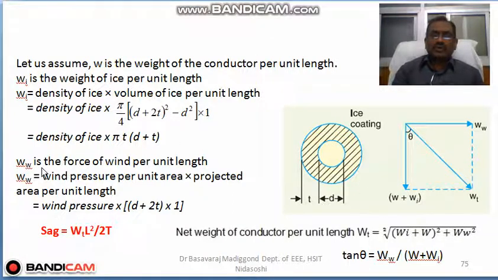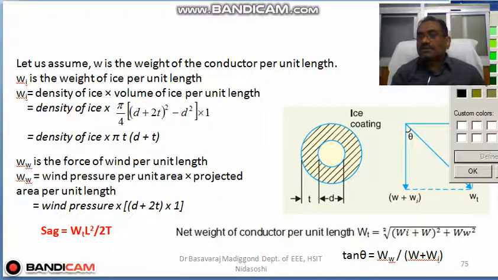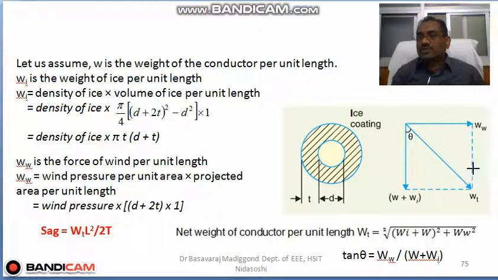Let Ww be the force of the wind per unit length, and Ww is equal to wind pressure per unit area into projected area per unit length. The wind always blows in this direction, and this is the wind pressure.